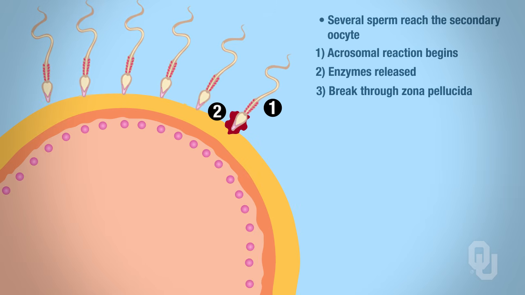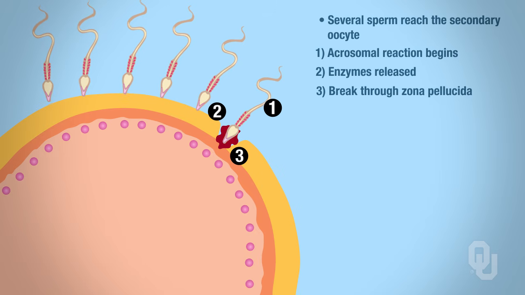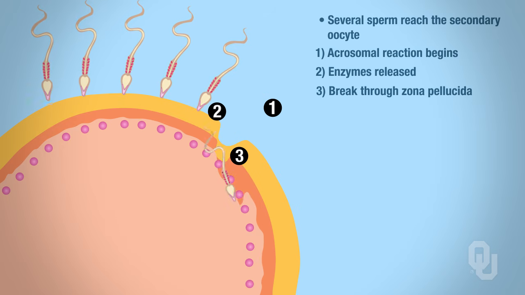You can see how that red area is indicating that. Then we have step 3, breaking through the zona pellucida, because remember these have to penetrate into the egg. Now sperm have gained entry into the secondary oocyte. Once they've gained entry, the first sperm to bind to the receptor on the oocyte wins.